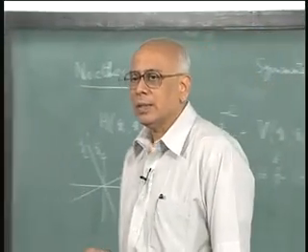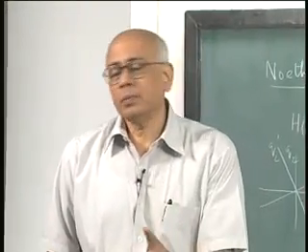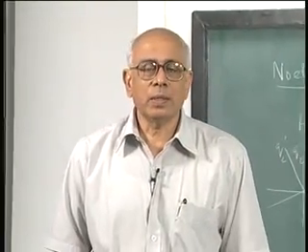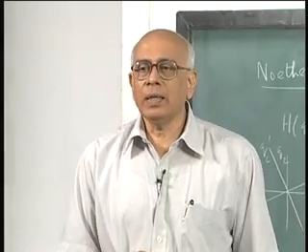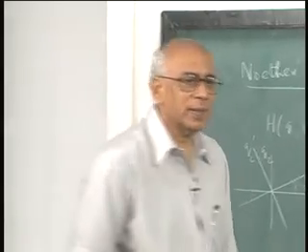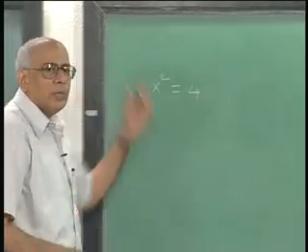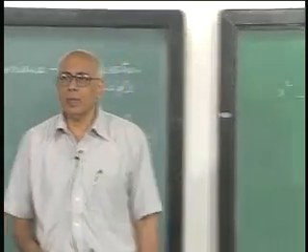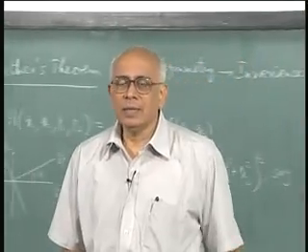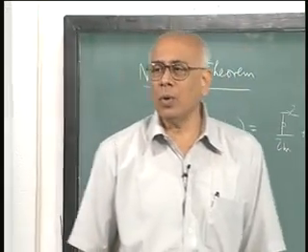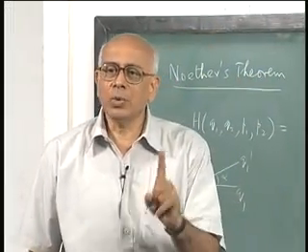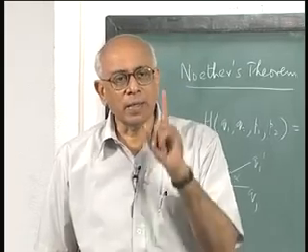Suppose, take a very simple example, suppose I have an equation x squared is equal to 4. Look at this as an example, and I want to impress upon you what the meaning of this is. I have an equation x squared equal to 4. This equation is invariant under a change of coordinates which takes x to x prime, where x prime equal to minus x.